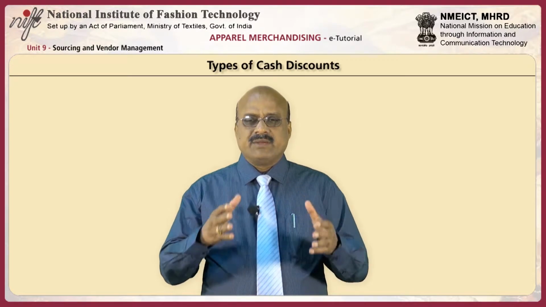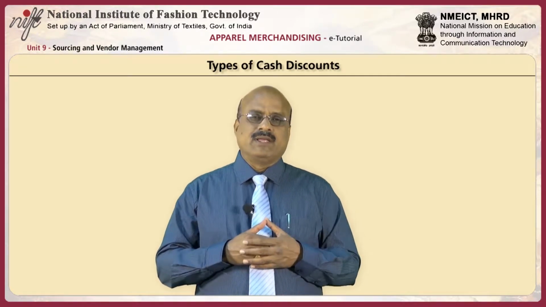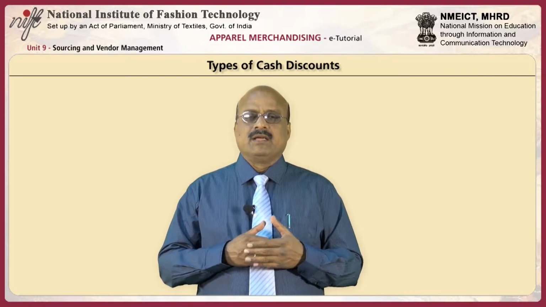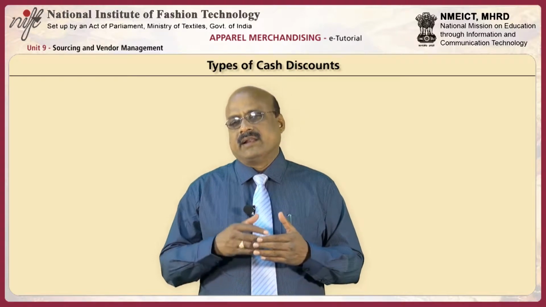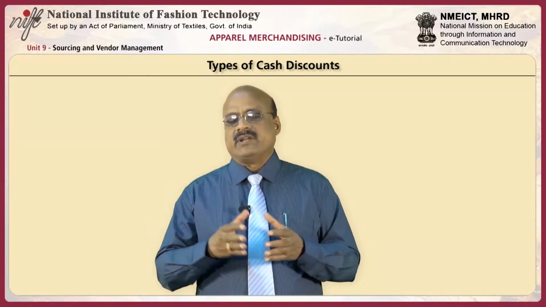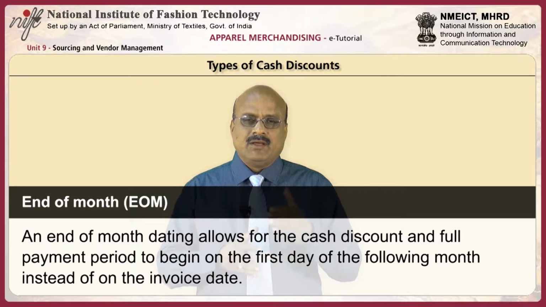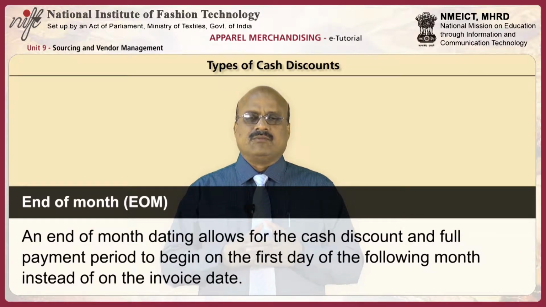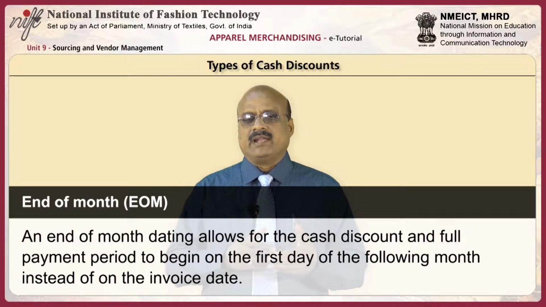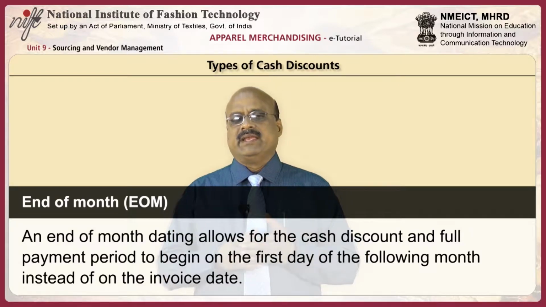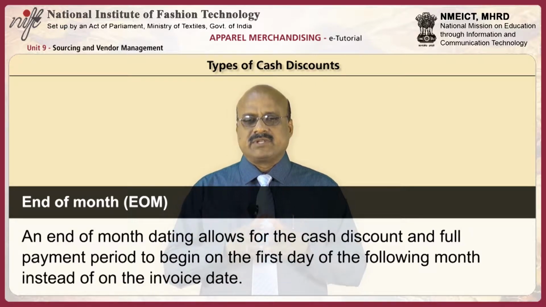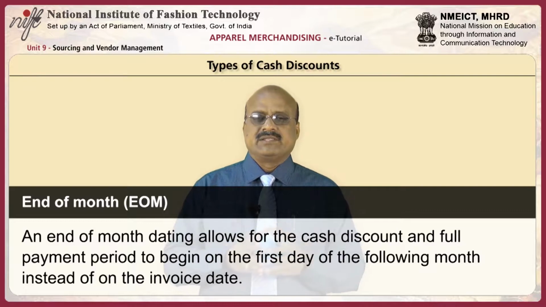There are several types of cash discounts including end of month dating, middle of month dating, receipt of goods and extra dating. End of month dating allows for the cash discount and full payment period to begin on the first day of the following month instead of the invoice date.